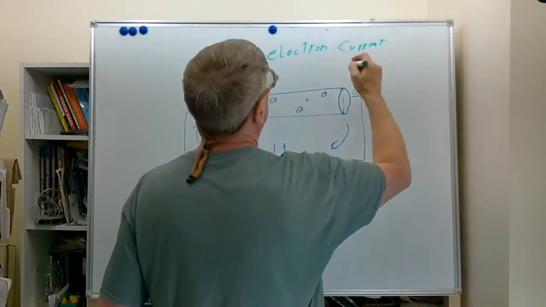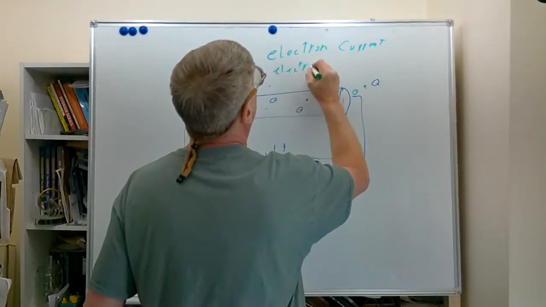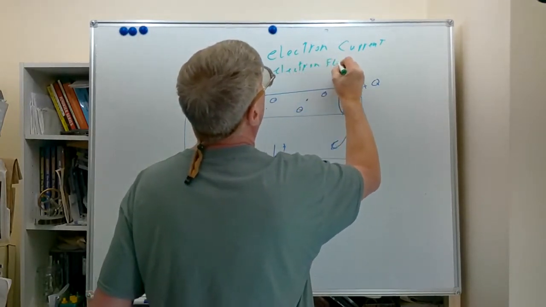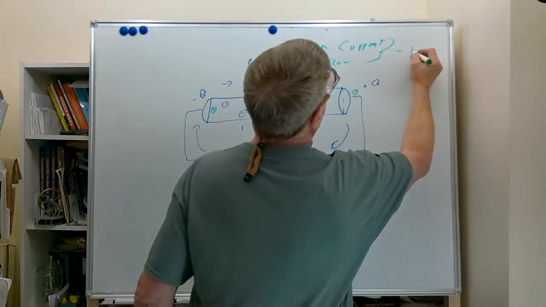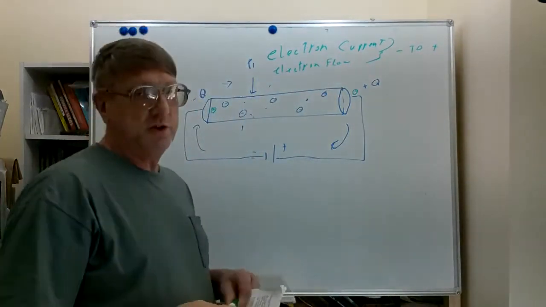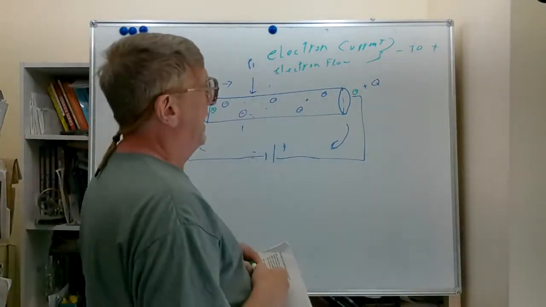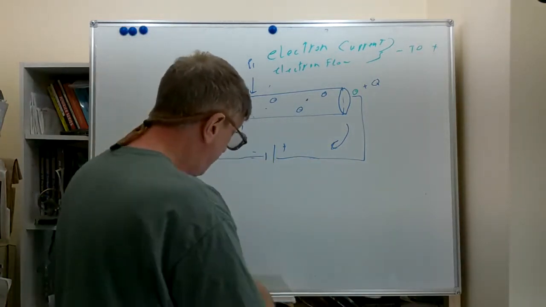Electron flow is from negative to positive. We have conventional current that we'll see talked about, and conventional current goes from positive to negative.